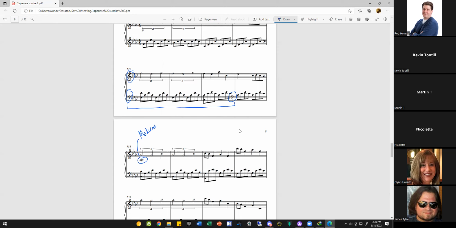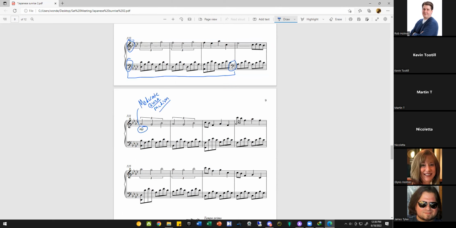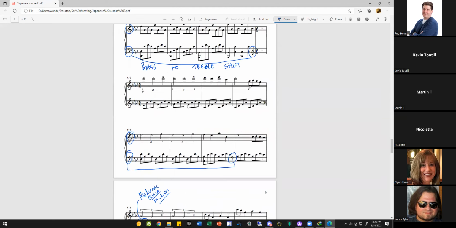Mezzo means halfway in Italian, so you are in the middle of something. It's neither loud nor soft. So we use mezzo piano, and we also use mezzo forte, halfway between soft and loud. I'm sorry, but the dynamics are always written in Italian.